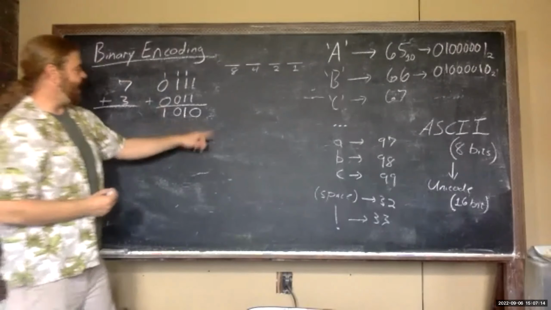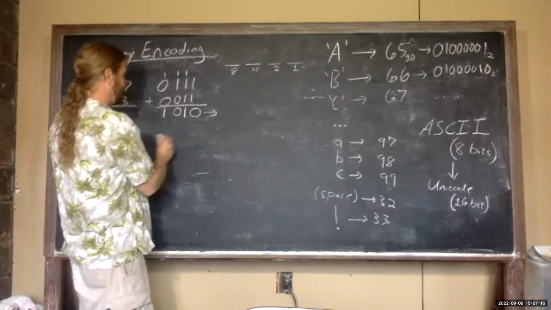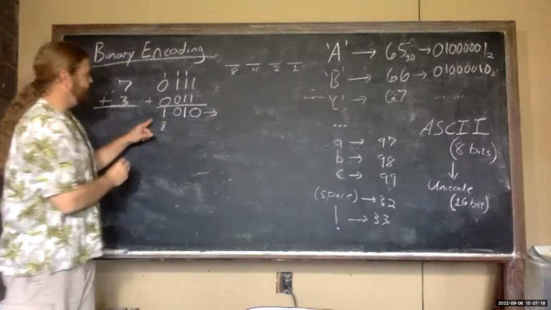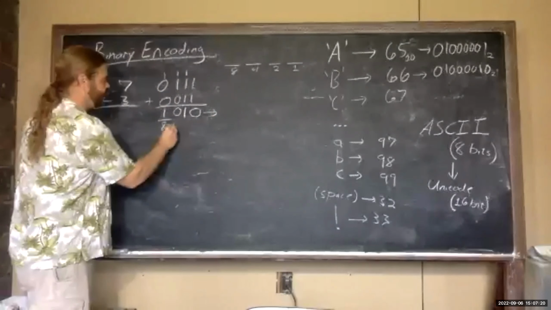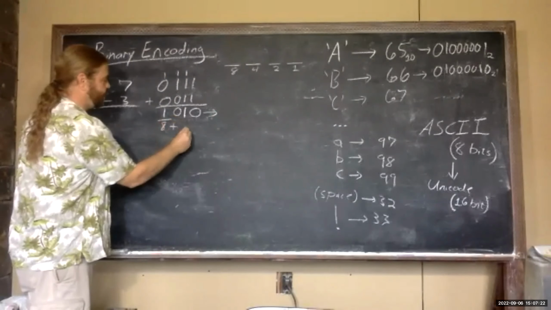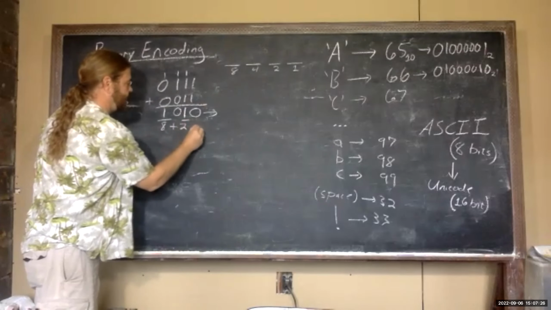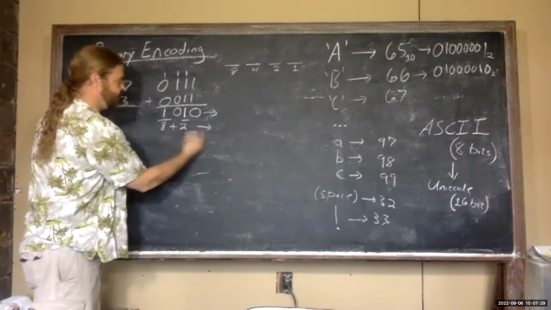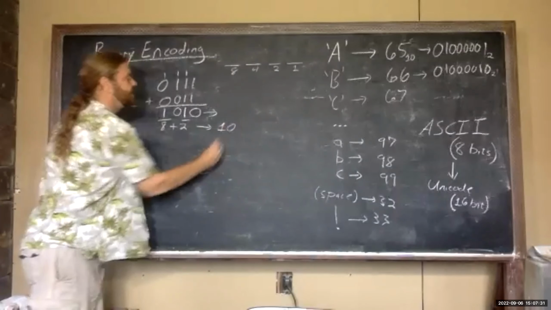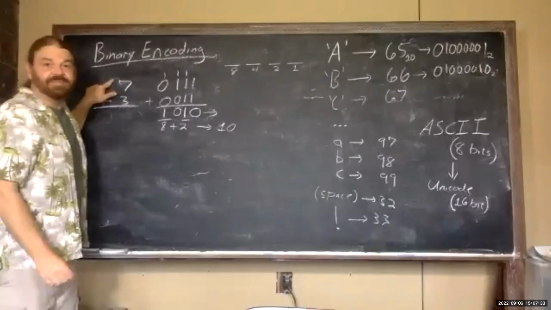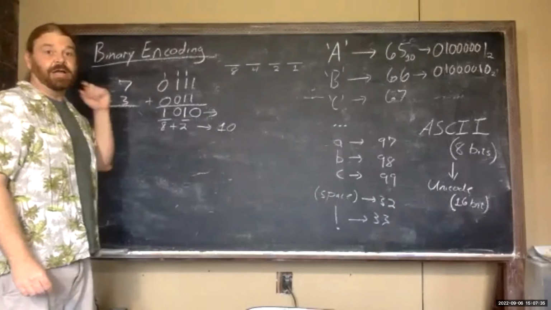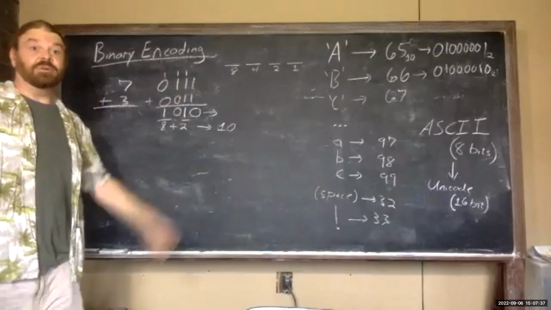So if we turn this back into base 10, we have an 8 plus nothing, then a 1 in the 2's column. That's 8 plus 2 is 10, which is what we should get when we get 7 plus 3, right? So all of our rules still apply.